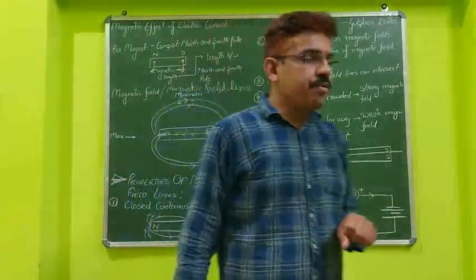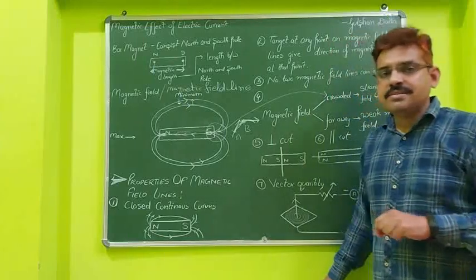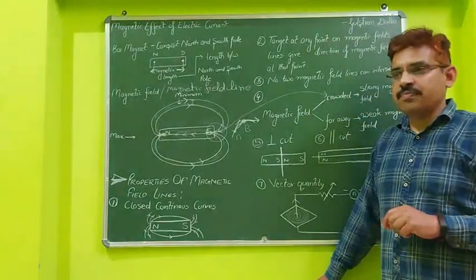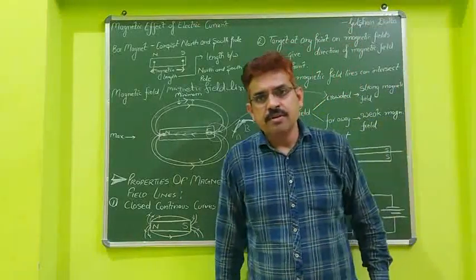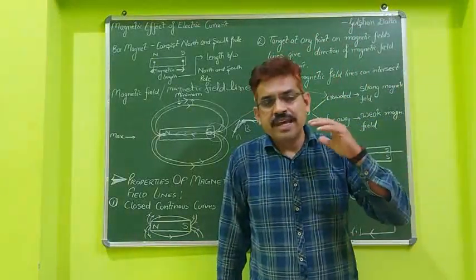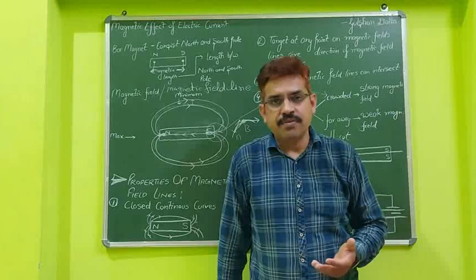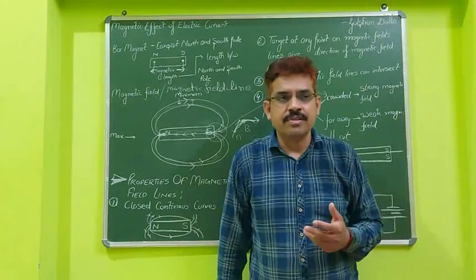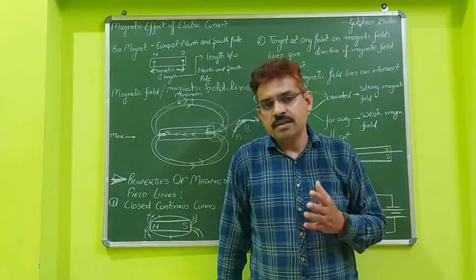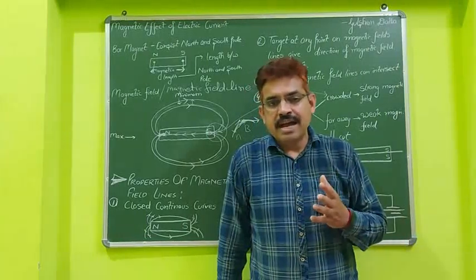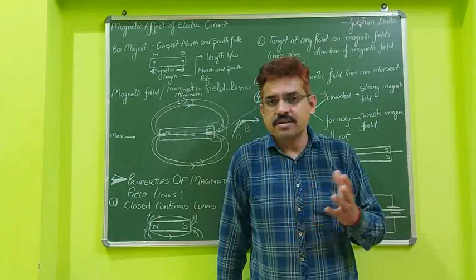The third property: no two magnetic field lines intersect each other. What I want to say is, you know that when water is flowing, the layers close to the surface and the layers away from the surface have different speeds. If a solid surface is in contact, the speed is less.